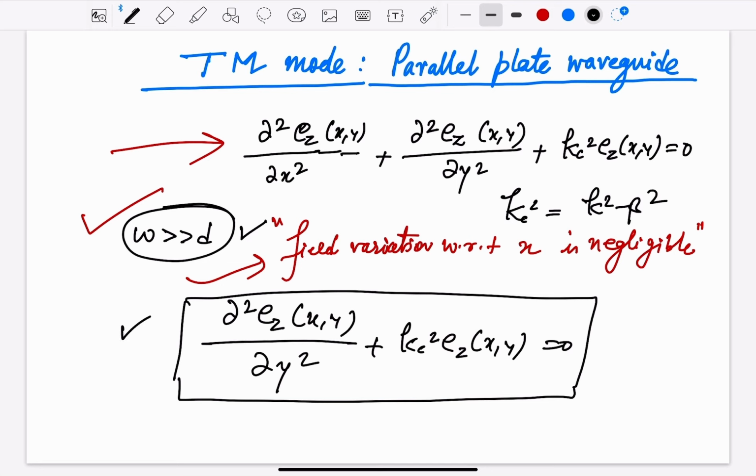So from here we get a condition, and the condition is that kc d is equal to n pi. Yes, similar to what we got last time, and here n is 1, 2 and 3.